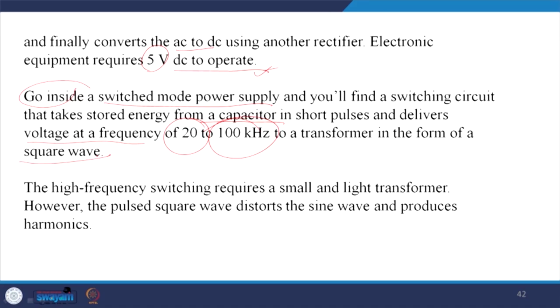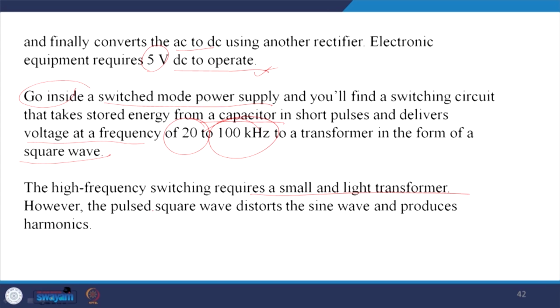So, that requires a high frequency transformer. This high frequency switching requires a small and light transformer, that is the advantage of it. So, you get a compact unit. For this reason, nowadays all laptop chargers and mobile chargers are of this type.